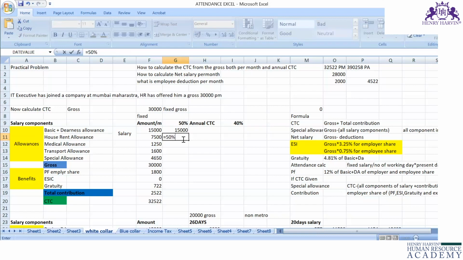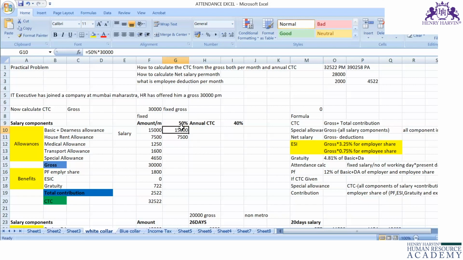Again, 50% of basic plus DA should be given as HRA. See, 50% of gross should be given as basic plus DA, and 50% of basic plus DA should be given as HRA. Understand?